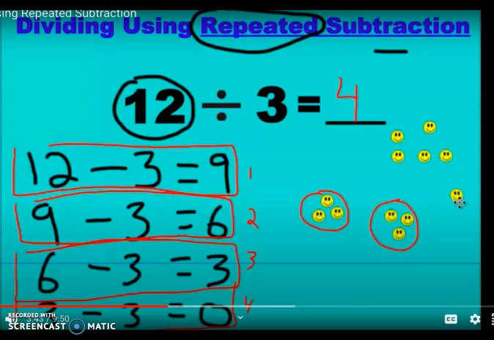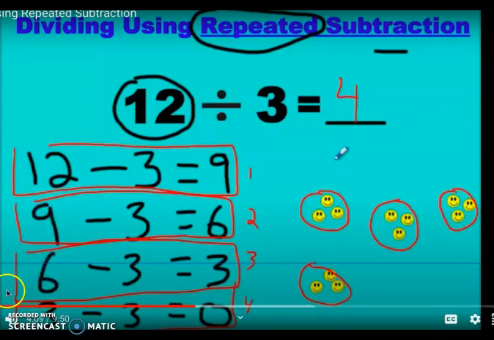Let's say you make another team, and you make them into a team. And now you've only got 3 left. See? 3. And then you take another 3. You put them in a team, and you can put a circle around them. Let's say they're their own team. And now you've got 0 left over here. So you get 0. And that's why the strategy works.